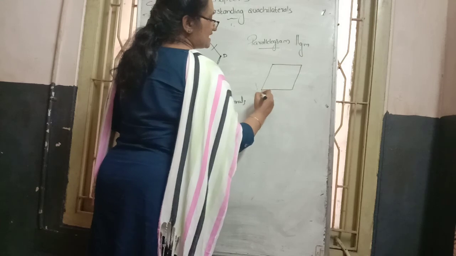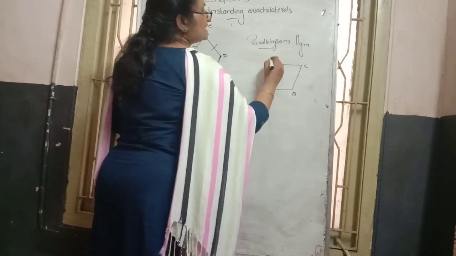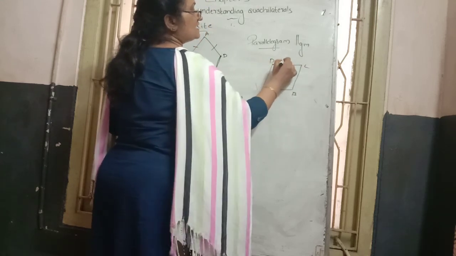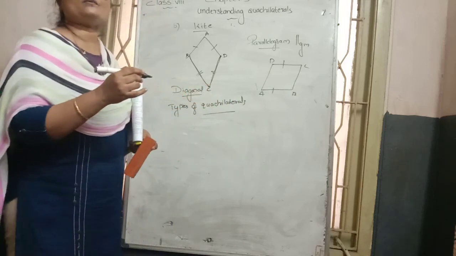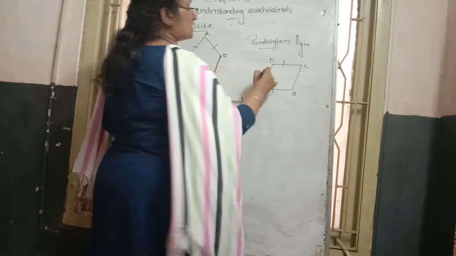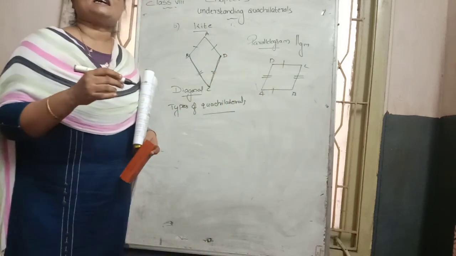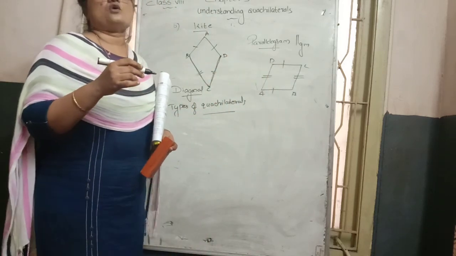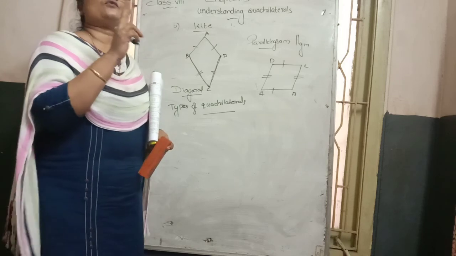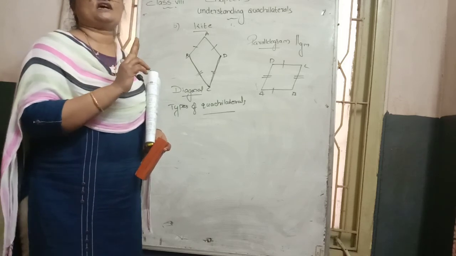See here ABCD. AB and DC are the first pair of opposite sides. The next pair of opposite sides we take as AD and BC. The parallelogram has two pairs of opposite sides.